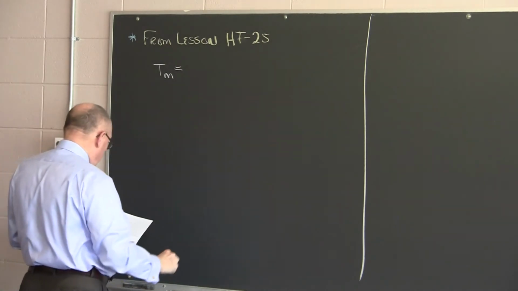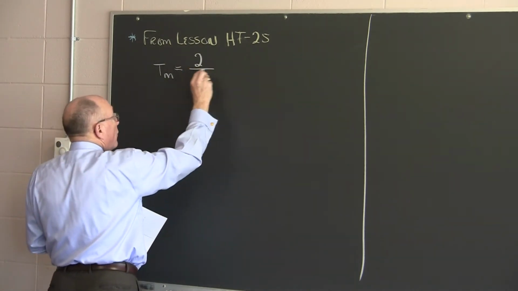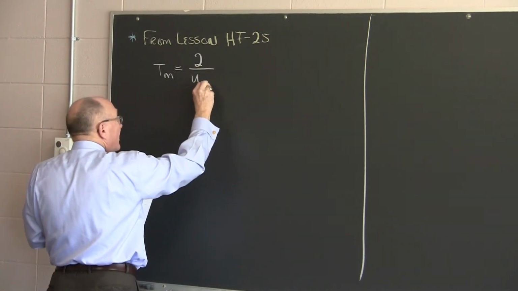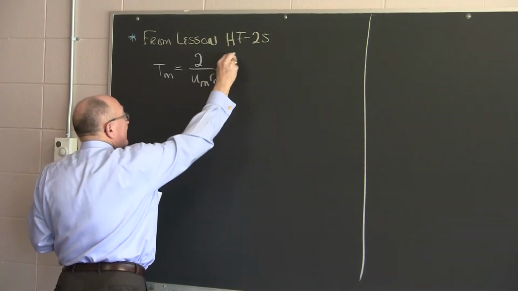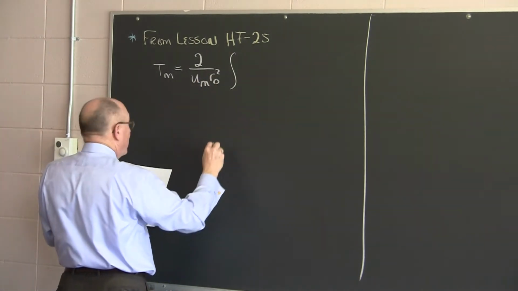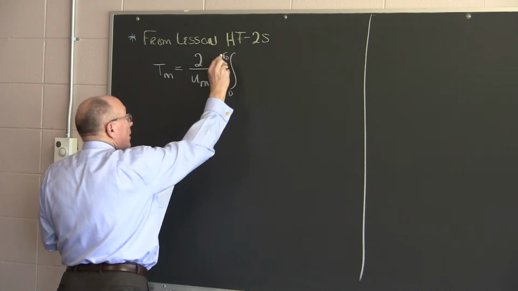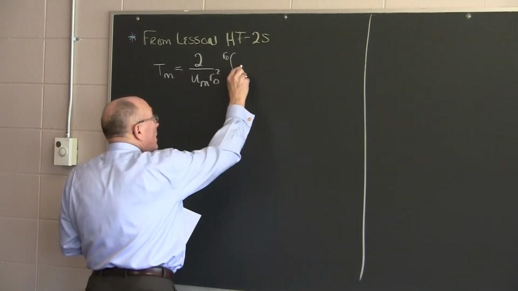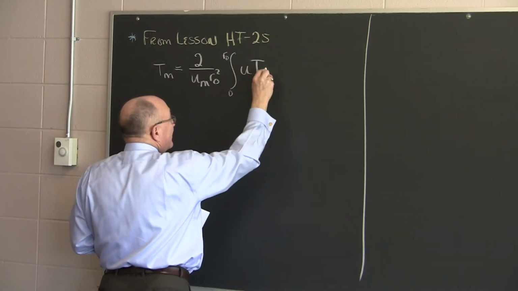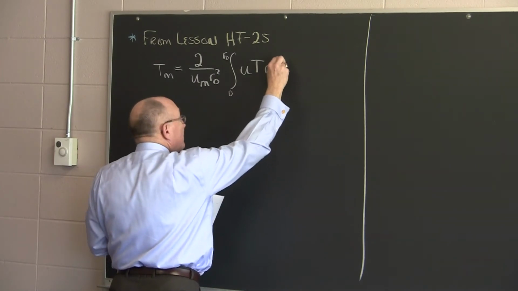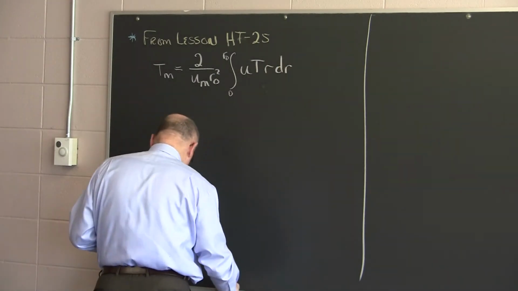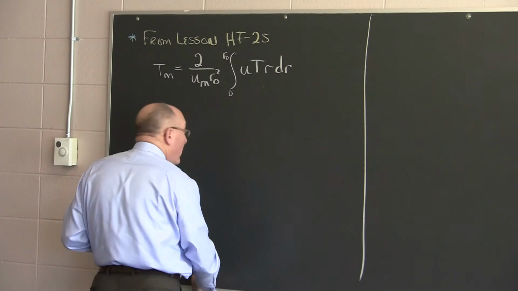And we said Tm was equal to 2 over um times r0 squared times the integral from 0 to r sub 0 of u times T times r times dr. This was equation 8.26.